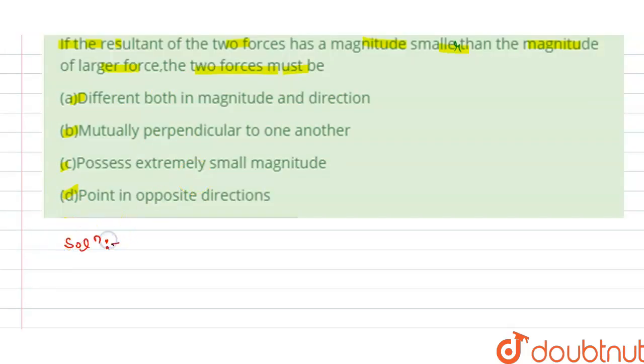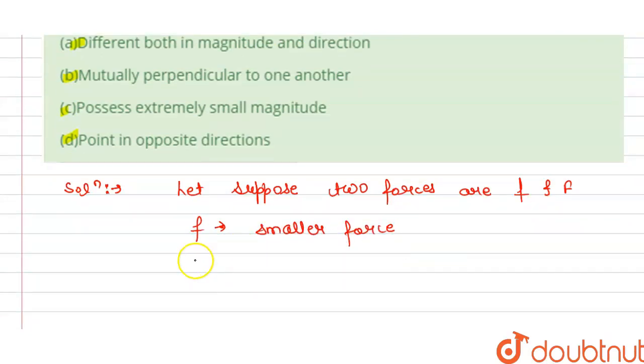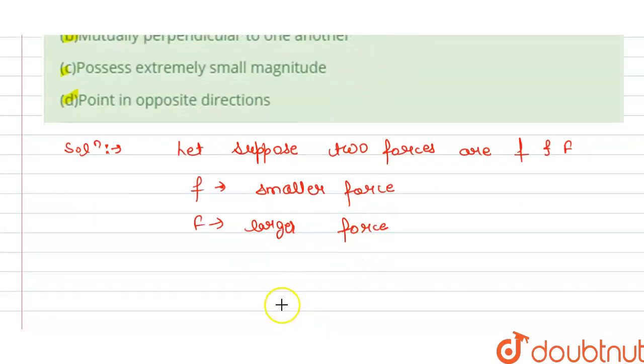So the solution of this question is, let us suppose two forces are f, small f and capital F, and f is the smaller force and capital F is the larger force. So we can draw the resultant force here.